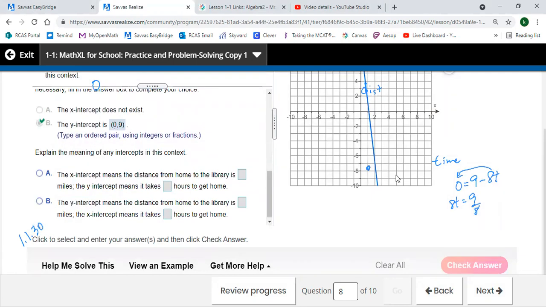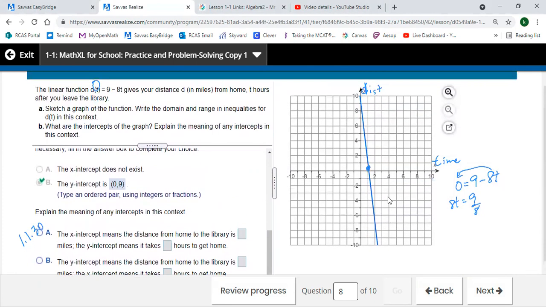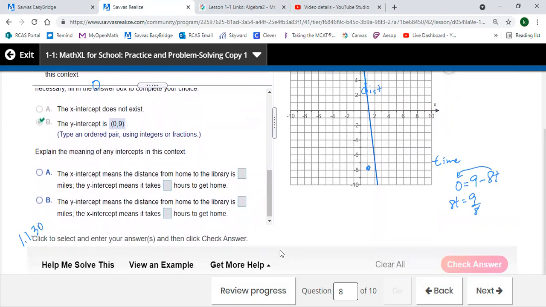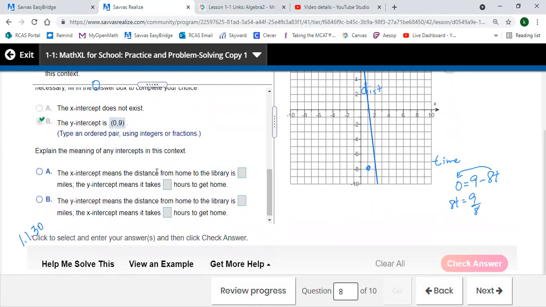And then what do those 2 points mean? Well, remember, this 9 is my distance. And it was about distance from home. So I started out 9 miles from home. And then when my distance down here was 0, that would be when I got home. That happened at 9/8. So the y is the distance from home.